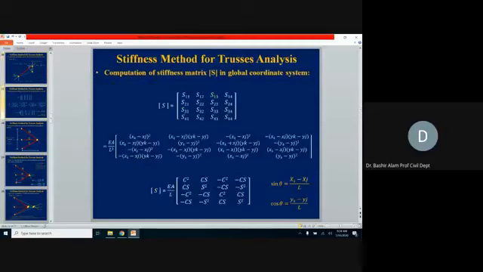Finally, we are writing this in the matrix notation format. EA over L cube was common, as we said, so we take this out common, and these are the coordinates now. We can write this in a simple form in terms of the trigonometric function.